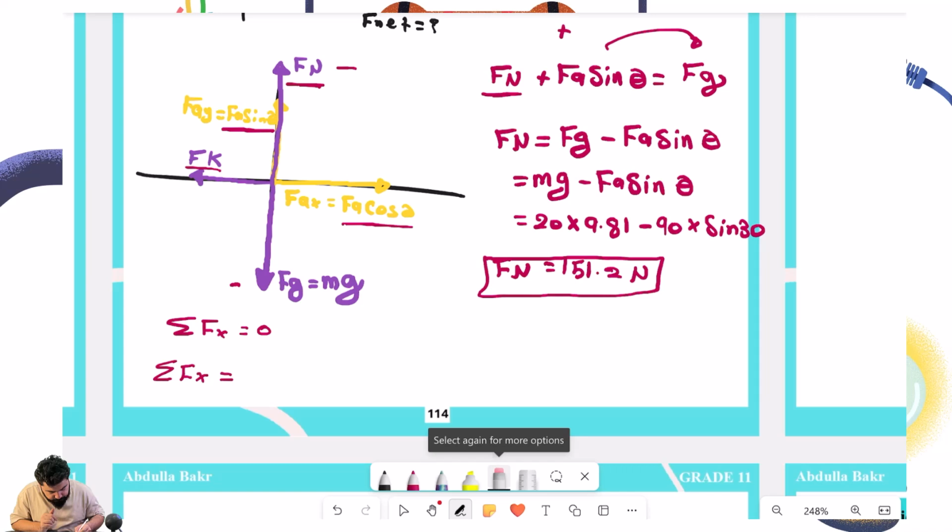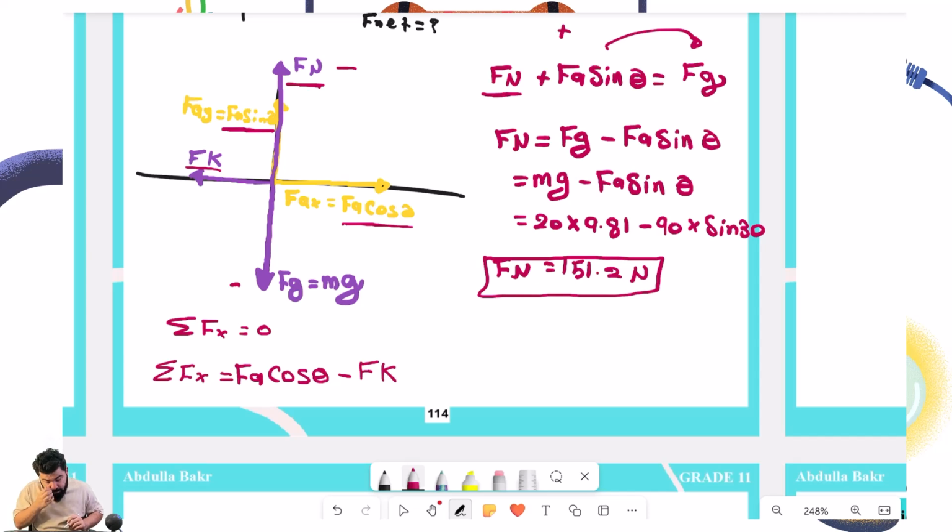We have Fa cosine theta, which is on the positive side, minus Fk. Okay, be careful. Now, Fa we have is 90, theta is 30. We don't have Fk.